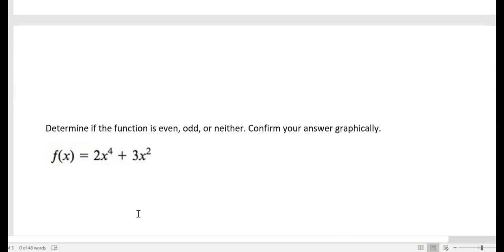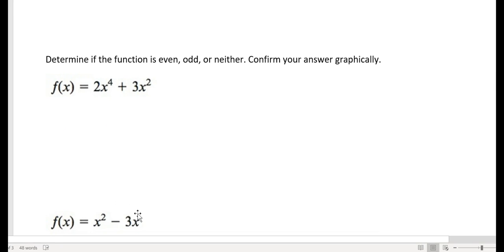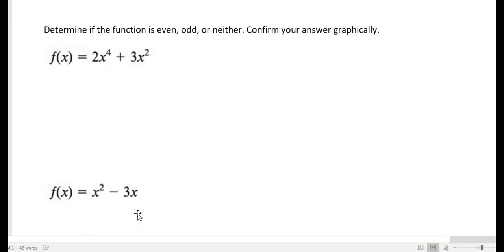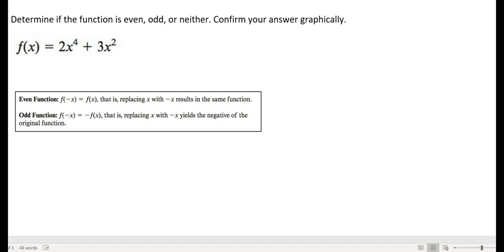problem is about whether a function is even, odd, or neither. Okay, so we need to memorize that an even function means that if you have an input of negative x, the output will be the same as if you have an input of positive x.